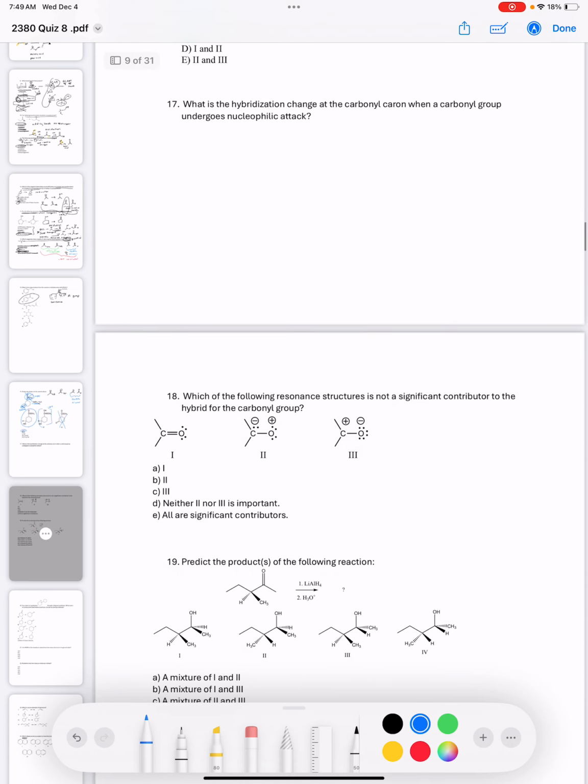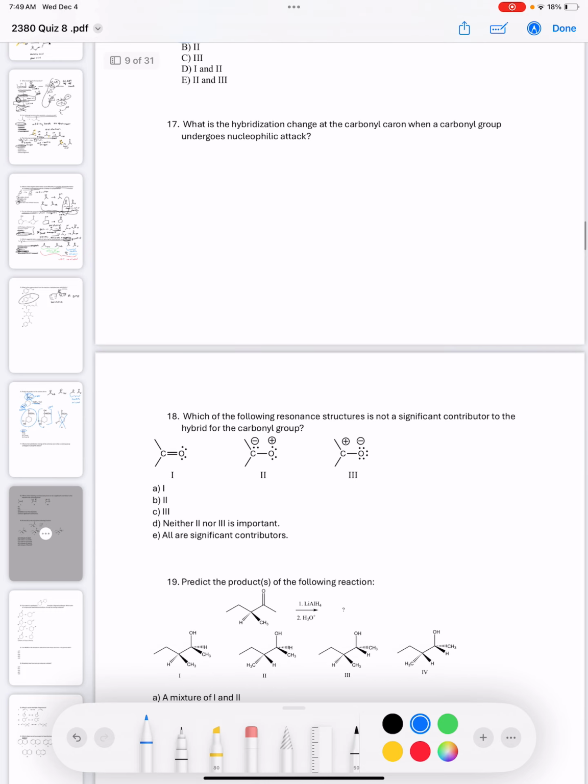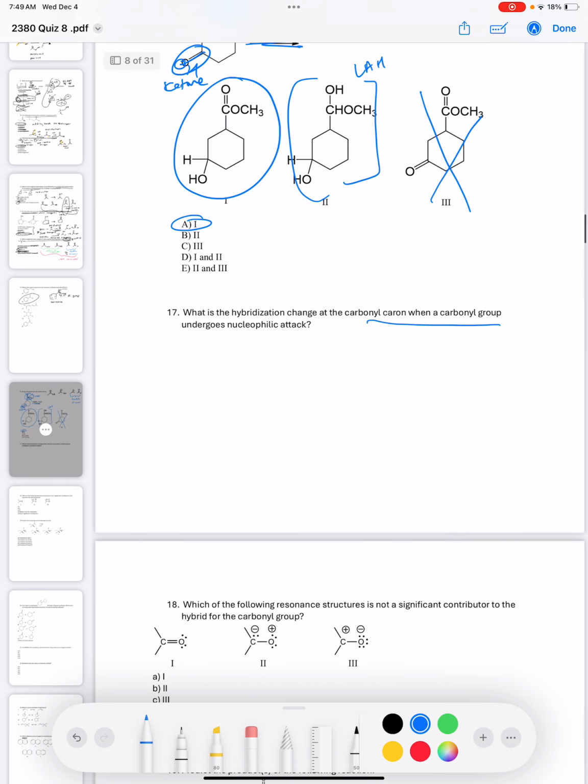Okay, 17. What is the hybridization change when a carbonyl group undergoes a nucleophilic attack? Okay, so if you have a carbonyl group and then a nucleophile comes and attacks it, you've seen this over and over, you get O- plus the nucleophile.